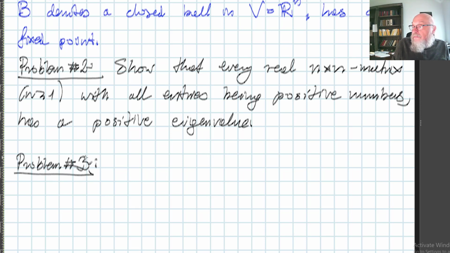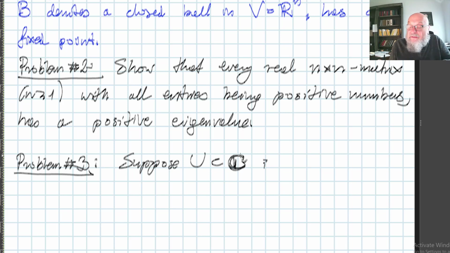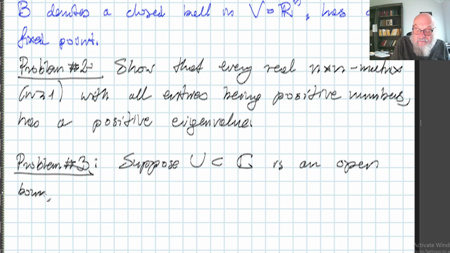Suppose U in complex numbers is an open bounded set, so this is C, complex numbers, and f goes from U closure.